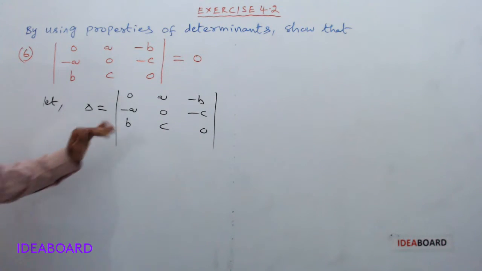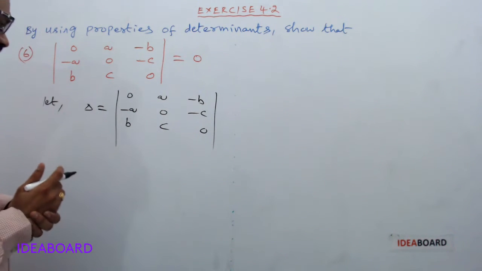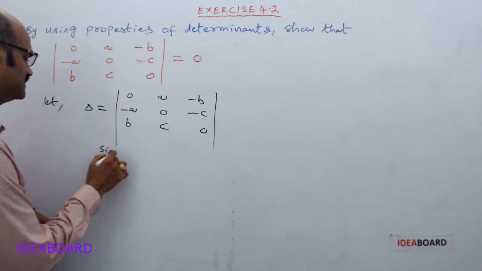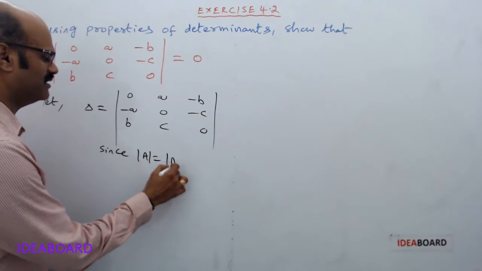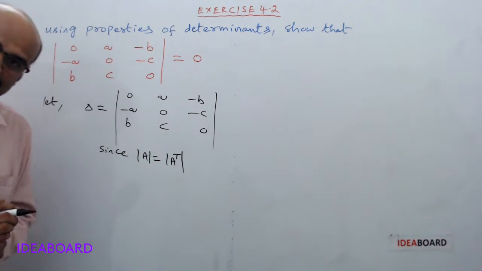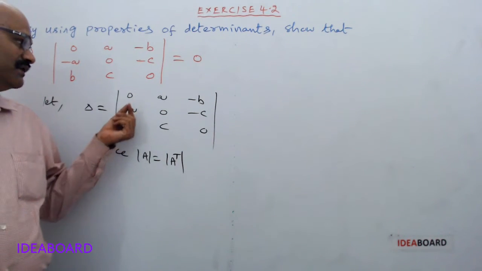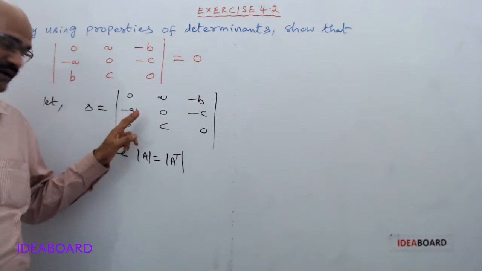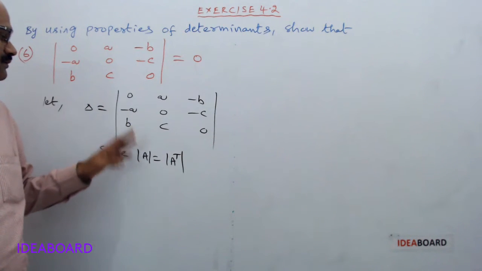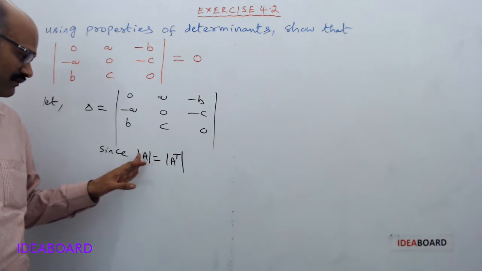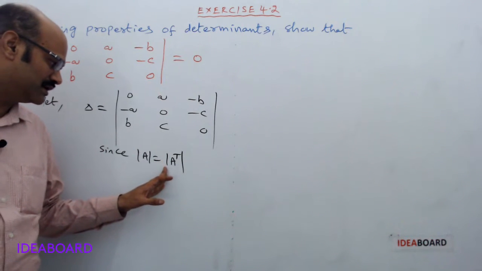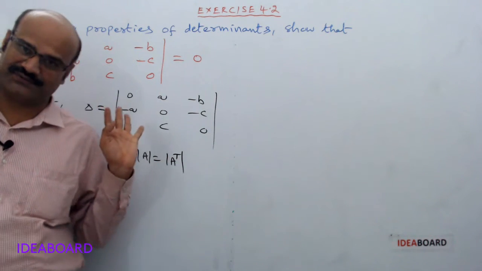Now, we have the property that, since determinant of A equals determinant of A transpose, if you take the transpose of this matrix, then we always have det A equal to determinant of A transpose.